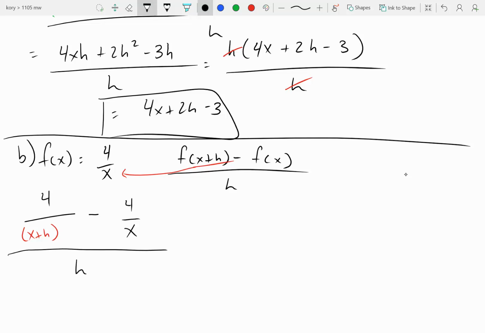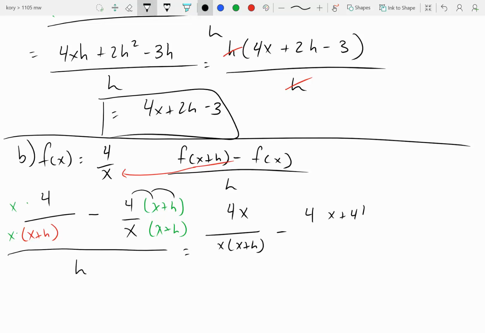So we need to simplify. That means we need to add the top. So x plus h, x plus h, x, and x. Now we have 4x over x times x plus h minus, distribute the 4, 4x plus 4h over x plus h.